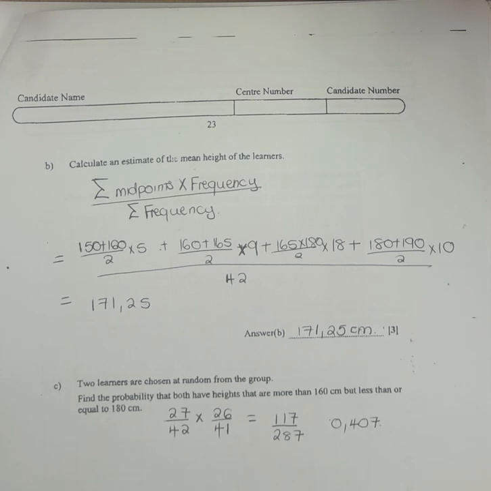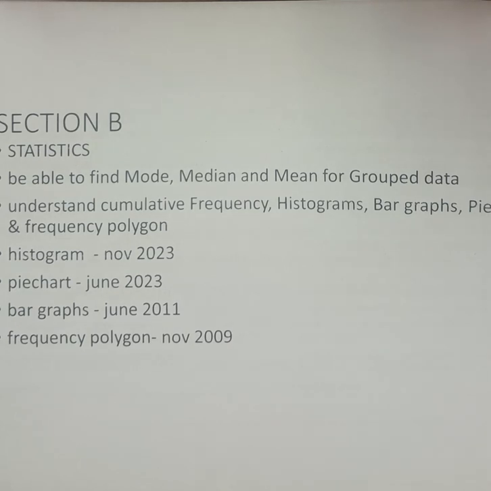We do that till we are done with all the categories, and then after that we divide by the summation of frequency. That is how we calculate the estimate of the mean, and it is going to carry 3 marks. And then again on statistics, they ask you about cumulative frequency, histogram, bar graphs, pie charts, and frequency polygon.